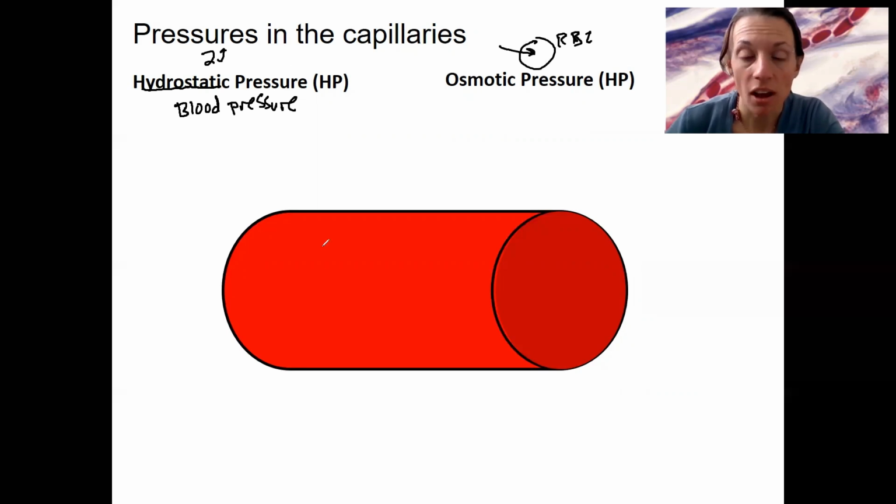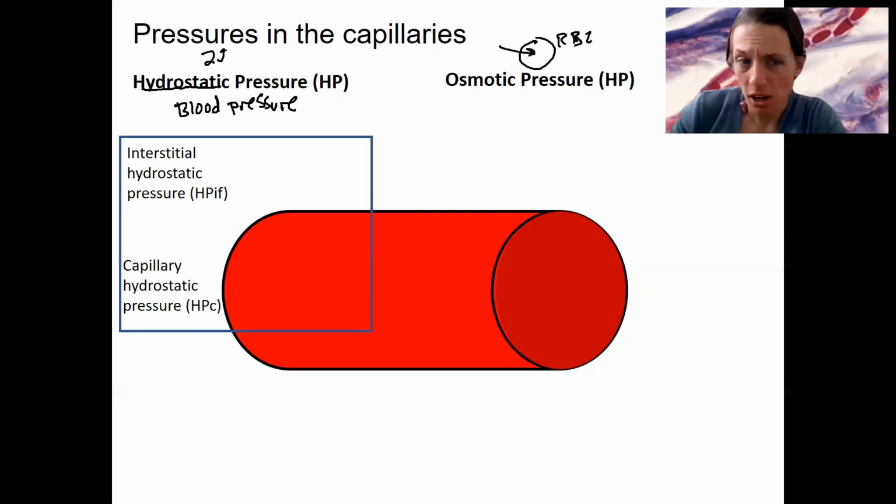These pressures are present in the capillary and out of the capillary, right? There is a hydrostatic pressure that exists in here and one that exists out here. So I've got this pop up here. Just to emphasize that, there is always an interstitial hydrostatic pressure, the hydrostatic pressure of the interstitial fluid.